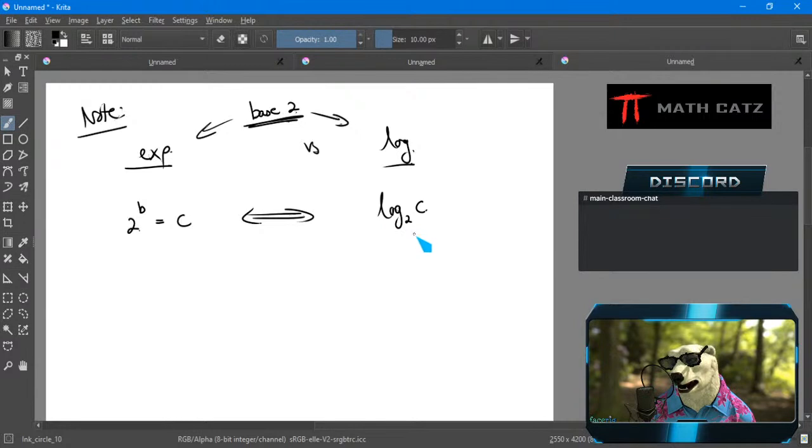What the log function is doing is it will return the power that I have to raise 2 to get that C. So on the exponential side, I'm given the exponent, I find the answer to the exponent calculation. On the log side, I'm working backwards. I'm given the answer and it returns the power of 2.